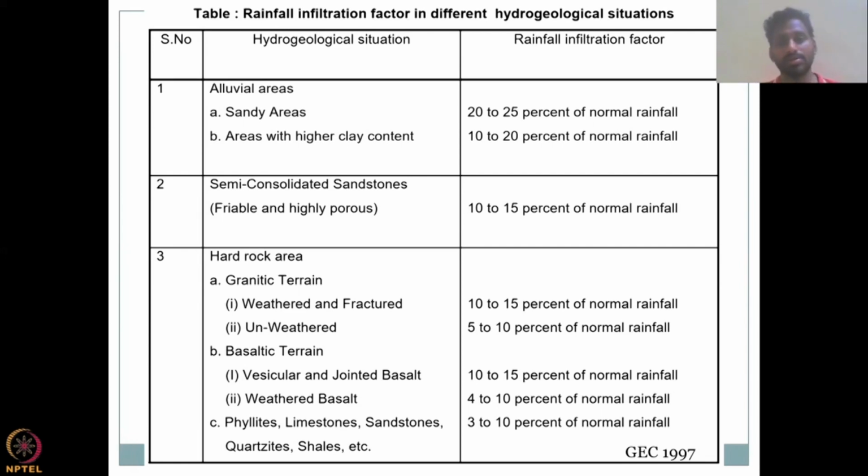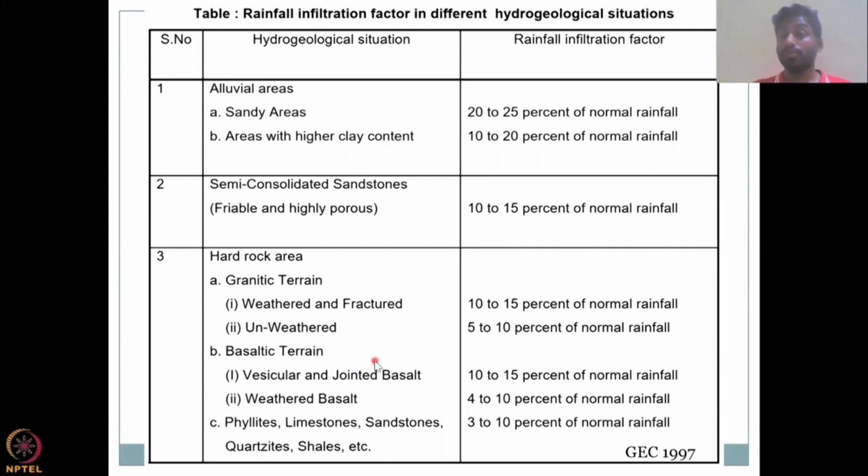Moving on, the semi-consolidated sandstones, which are mostly found in the northern regions, along the west and east northern regions, have lower infiltration capacity compared to alluvial areas, because it is only 10 to 15%.